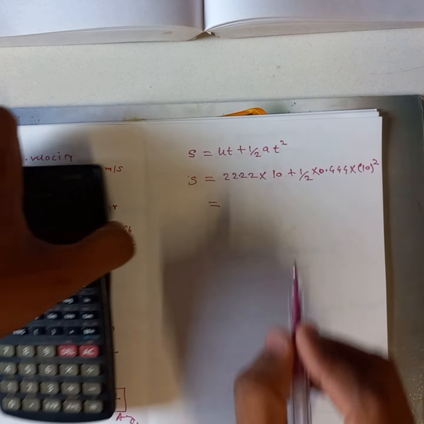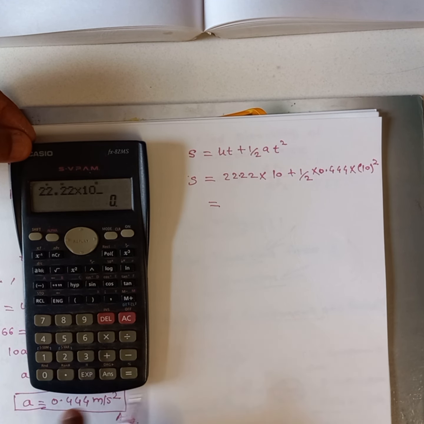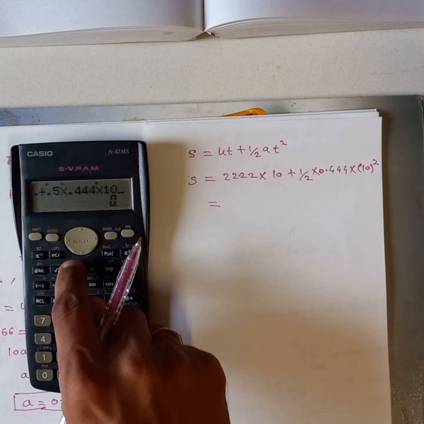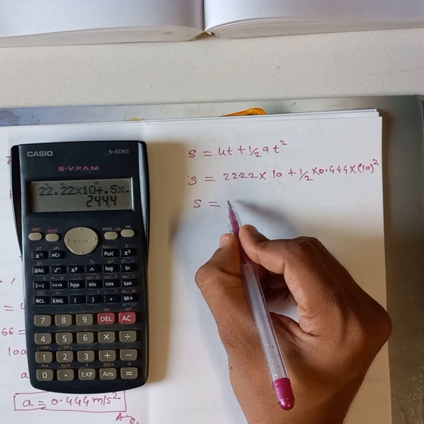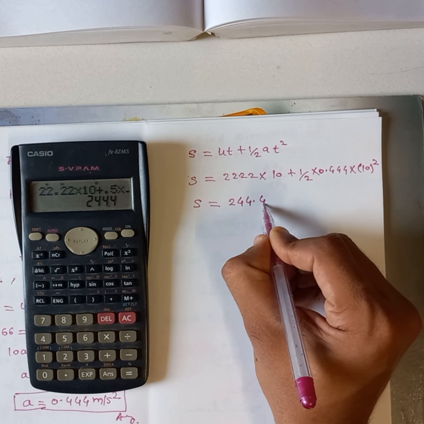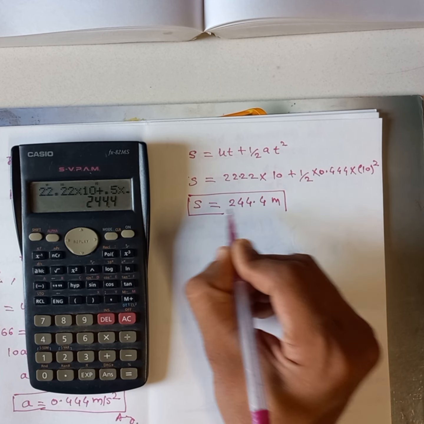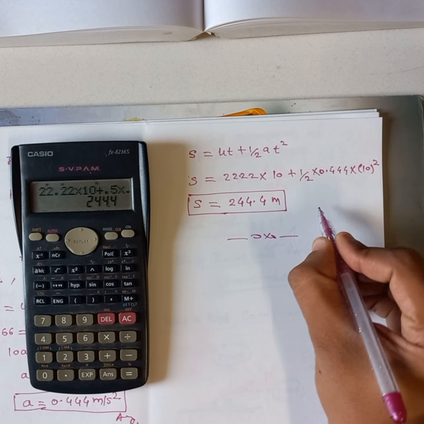Simply solve this equation: 22.22 into 10 plus 0.5 into 0.444 into 10 square equals, so the distance moved while further accelerating the vehicle is 244.4 meter in 10 seconds. So this is the final answer.